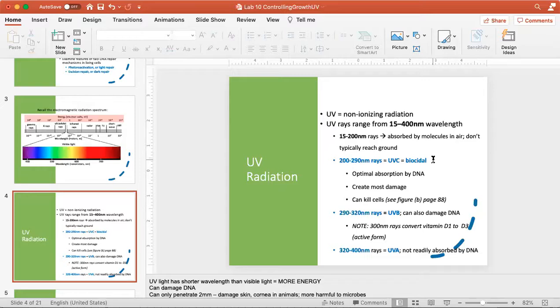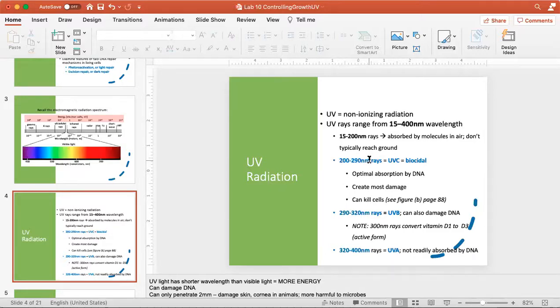It creates the most damage. And that's because in this spectrum, 200 to 290 nanometers, this is the optimal wavelength for absorption by DNA. Our DNA molecule will absorb ultraviolet the best when it runs between 200 and 290 nanometers in wavelength.